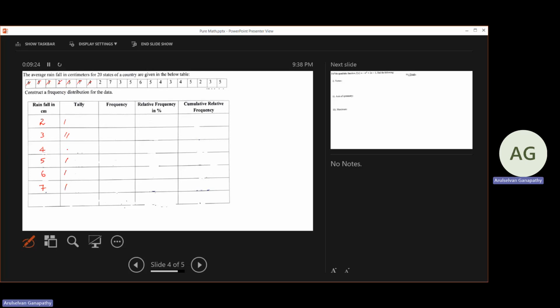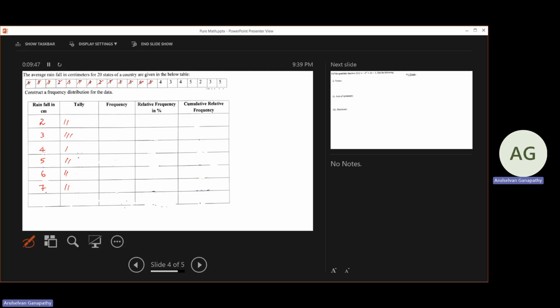Then 4, 1 tally mark. Then 2, the second one. 7, the second one for 7. 3, the third one for 3. 5, second one for 5. 6, second one for 6.